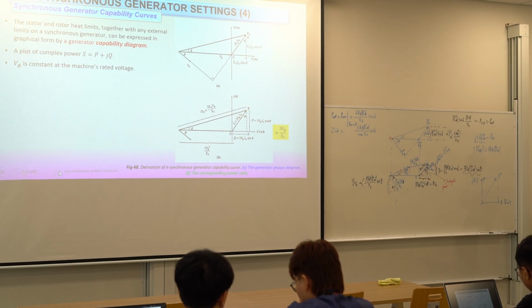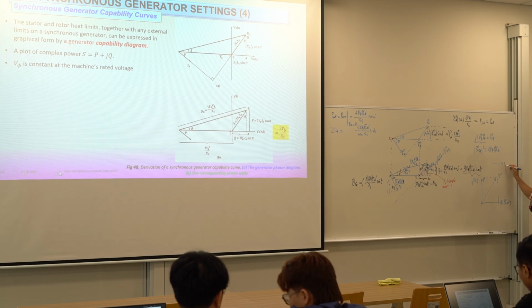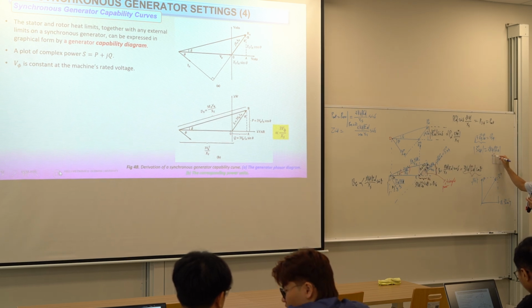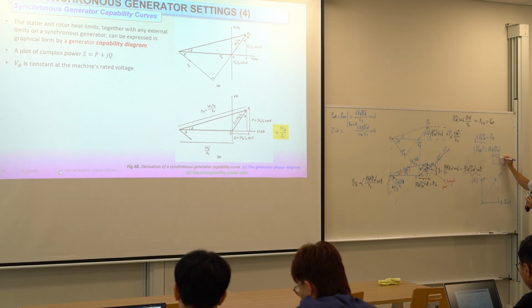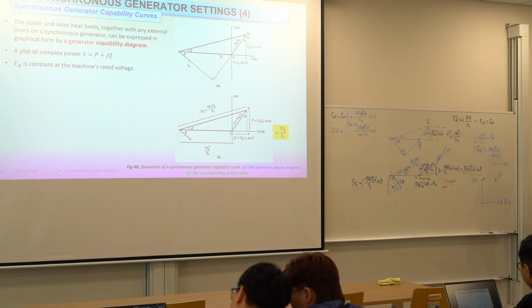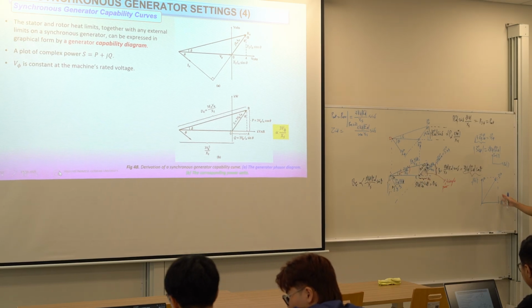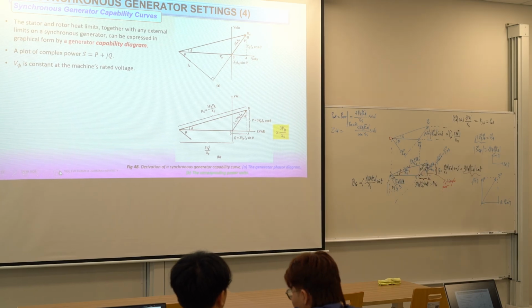A little bit difficult to understand. Normally this one is the real part, this is the imaginary part. But that's okay, this is our definition. We can define here is the real part, here is the imaginary part. No problem.